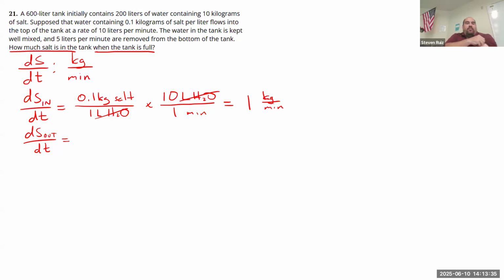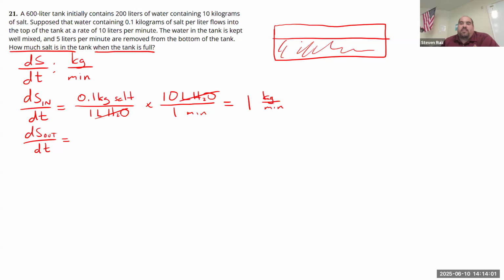Okay. The water in the tank is kept well mixed and 5 liters per minute are removed from the bottom of the tank. All right. So something to keep track of here is that, let's stop thinking about salt for just a second. Let's just talk about how much water is coming into this tank. At the start, there's some water.